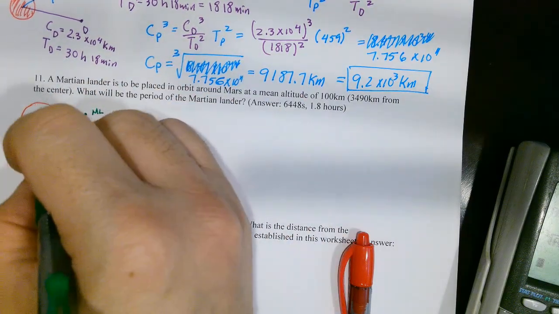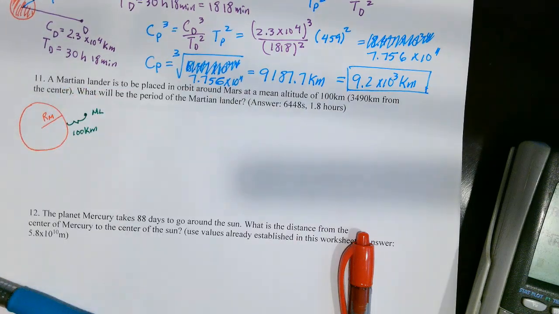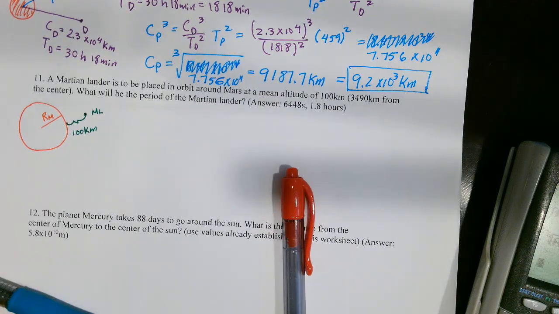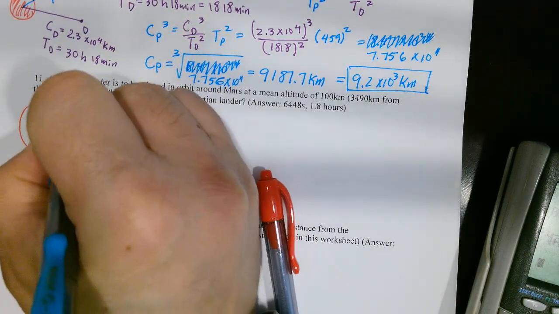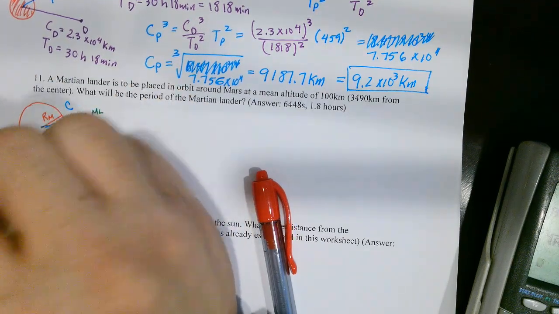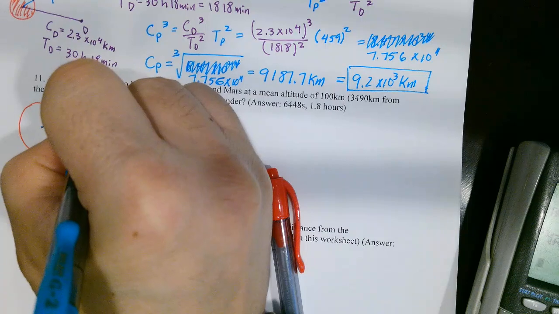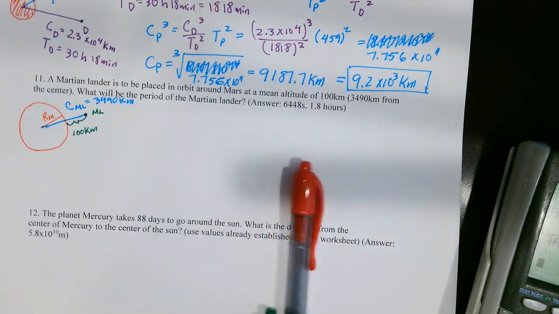The altitude is 100 kilometers, and this is basically C. This is C of Mars lander, and that is 3,490 kilometers. Okay?